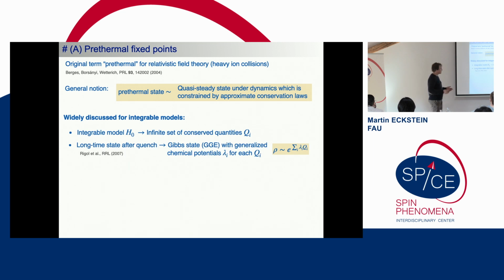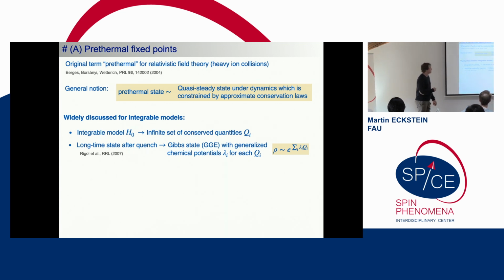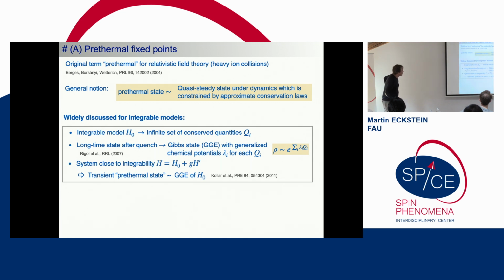And if you excite such a system, for instance, by preparing a non-equilibrium initial state and let it evolve, which is called a quench, then all these quantities will be conserved. And the best the system can do is to come to a state which maximizes the entropy given all these constraints. And that's a Gibbs ensemble which has a generalized chemical potential for each of these conserved quantities. And this is, as I said, discussed for truly integrable systems.